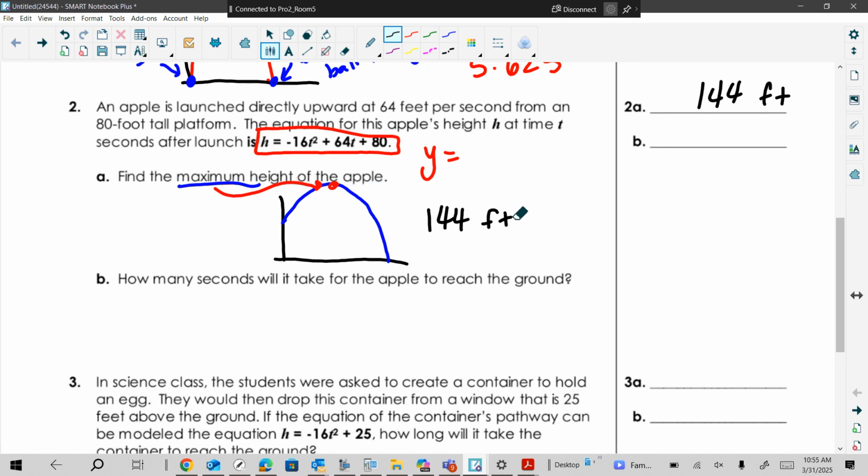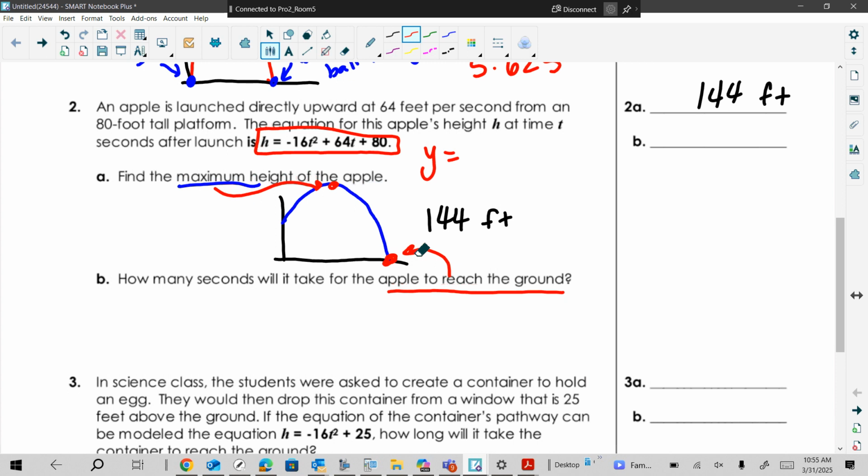Then it says how many seconds will it take the apple to reach the ground. So to reach the ground, we need to go down here. The apple reaches the ground at that intercept, at that intersection with 0.